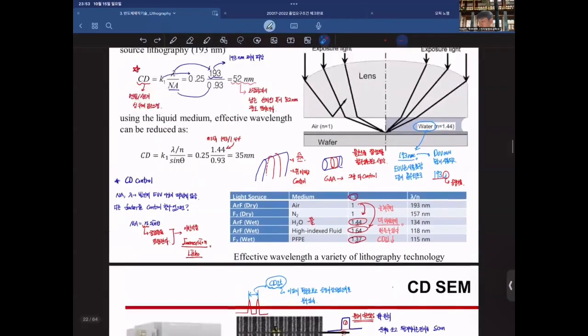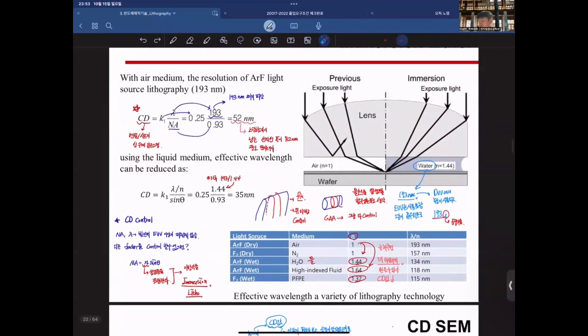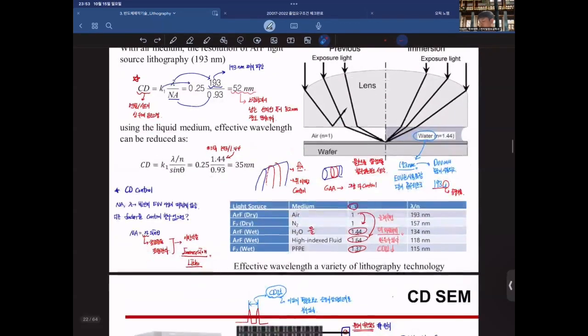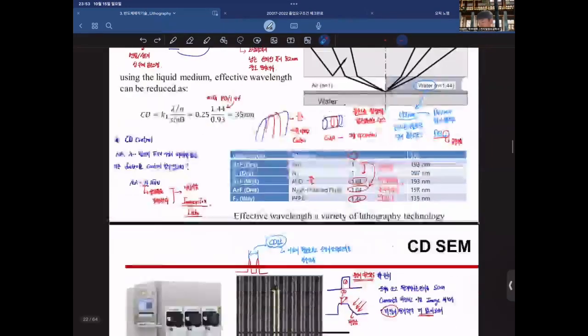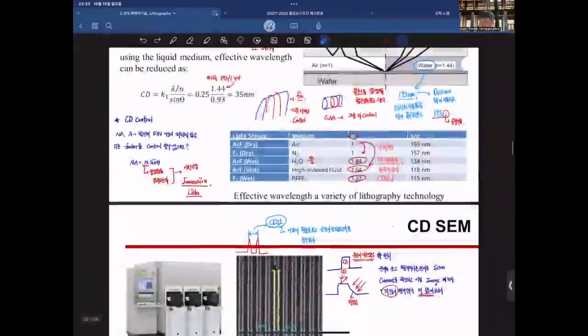It makes it better between the lens and wafer. Between them we can fill water or other material. It makes much more improvement. So we can use it, and CD is just getting lower, and we can make a smaller semiconductor.